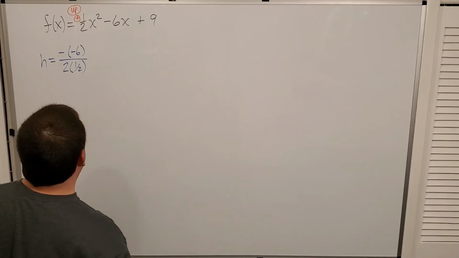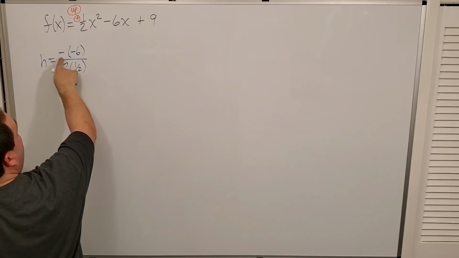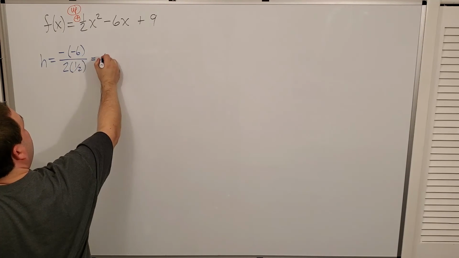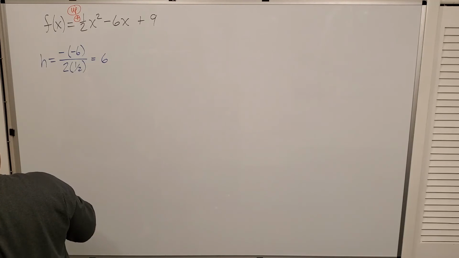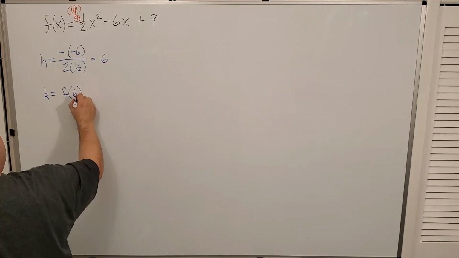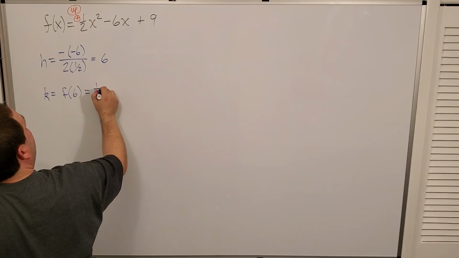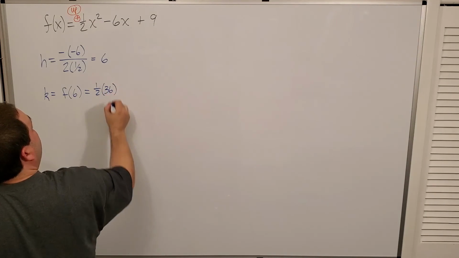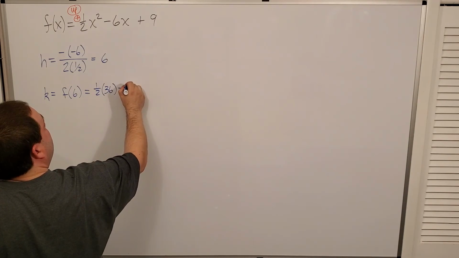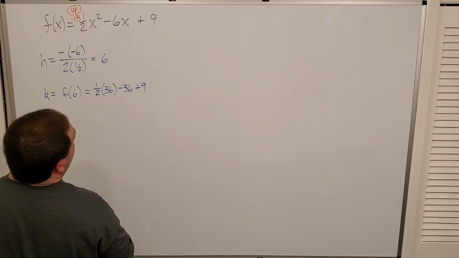And then from here, I can just simplify. 2 times 1/2 is 1, and double negative is positive. And so I'm getting 6 over 1, which is 6. Then my k is going to be whatever f of that 6 is. So I'll plug in 1/2 times 36 because it's 6 squared, minus 6 times 6, which is again 36, and plus 9.